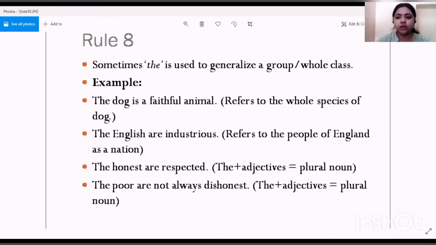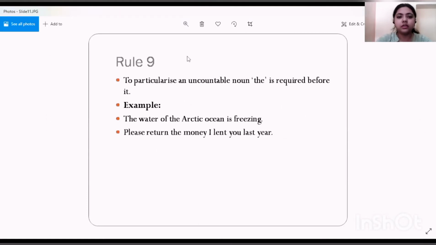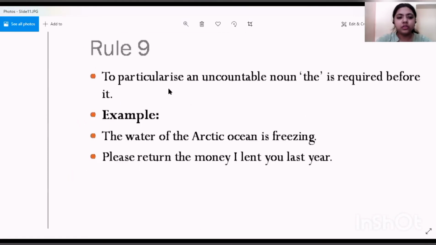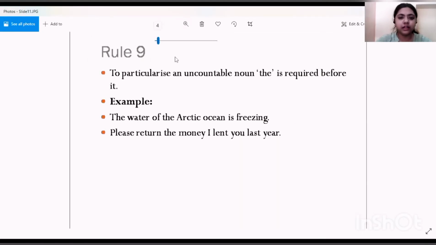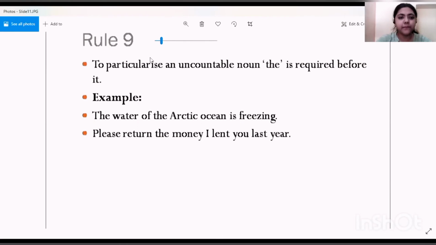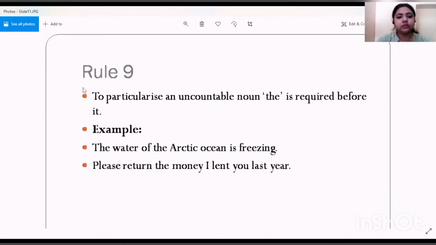Now, moving on to the next rule, let us see what it is. Yes. Now, where else do we use the definite article? It is used to particularize an uncountable noun. You know what an uncountable noun is, okay?